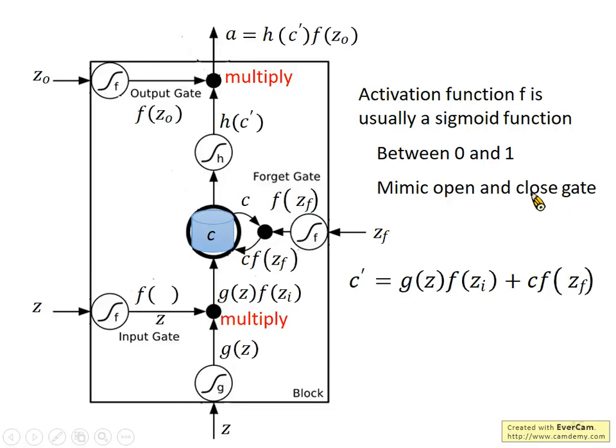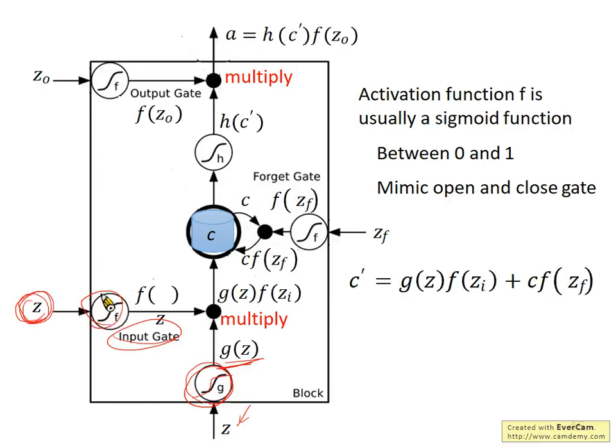And how exactly does it work mathematically? Assume we have the input signal Z, and we first put the input signal into an activation function. Assume this is a sigmoid function, and after this activation function, we have the value g(z). Then for the input gate, another signal Z_i controls the input gate.